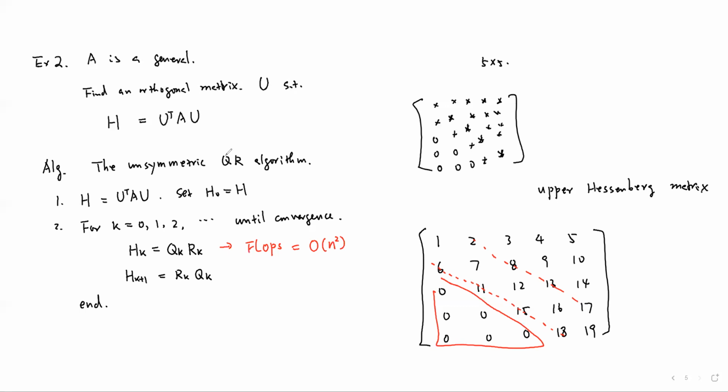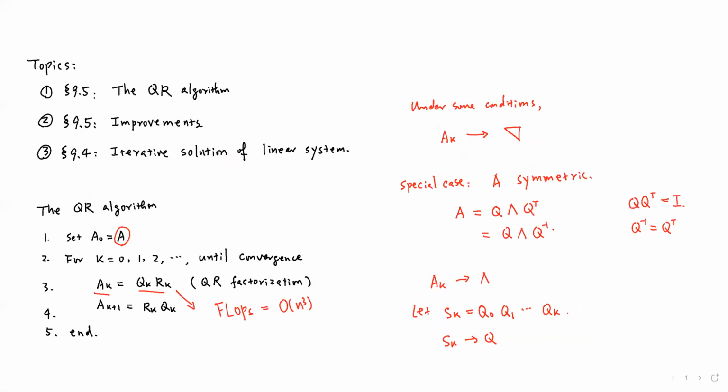This is all about the eigenvalue problem, all about finding eigenvalues. Next, let's turn to a new topic about the solution of linear systems. As I mentioned, in numerical linear algebra there are two main research areas.